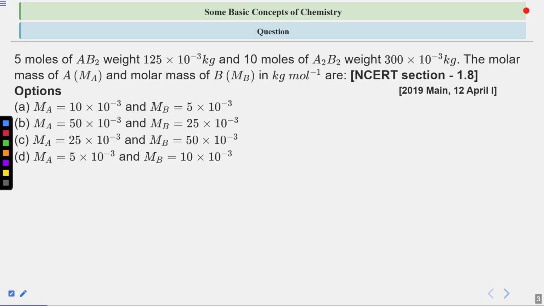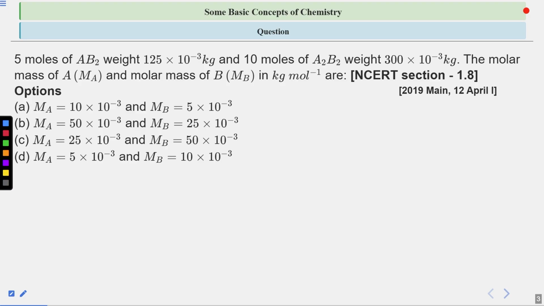So here is your first question. This question is for the 2000 mains exam, and it was asked in the 12th April first shift. The question is: 5 moles of AB2 weigh 125 into 10 to the power minus 3 kg and 10 moles of A2B2 weigh 300 into 10 to the power minus 3 kg.